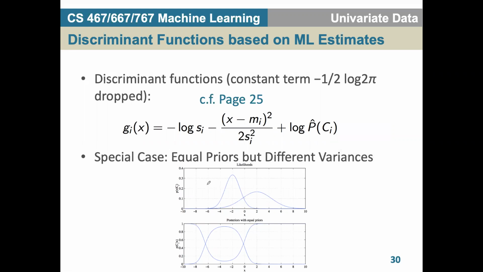So what we have here is again M1 at -2 and M2 at 2, but this time their variances are different. One is flatter, another is taller. If we look at their posterior, class 2 will first win, and then class 1 wins. Finally class 2 wins again.